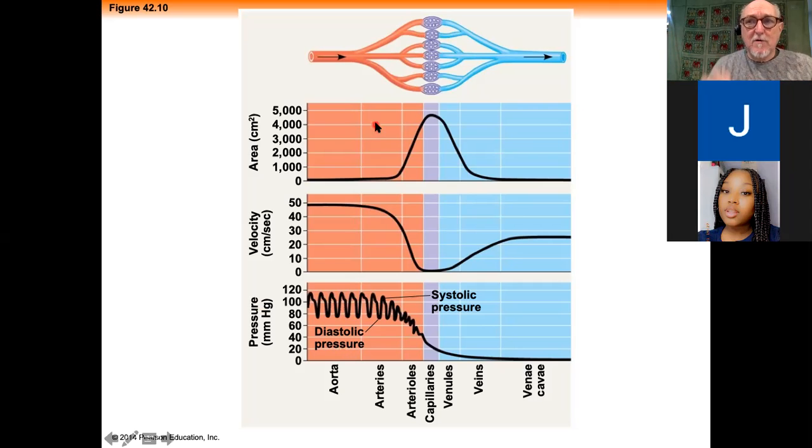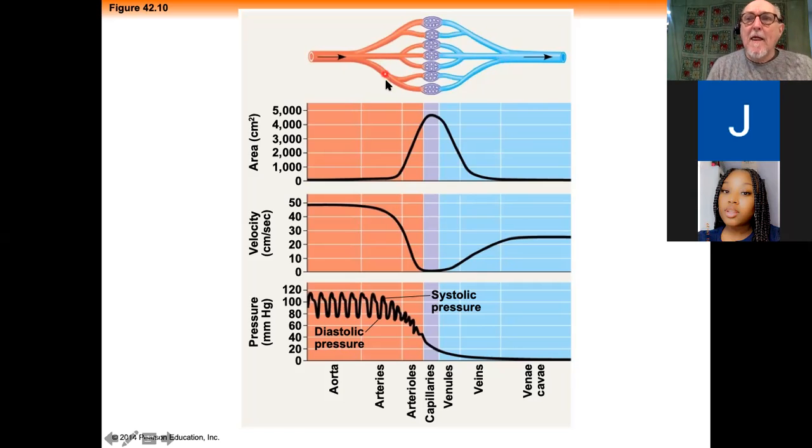Let's have a look at how arteries and veins link up with one another, because this is a closed system. The blood moves from arteries to veins directly. It doesn't pool in the body and then get sucked up by the veins. It goes through vessels that join up together with one another.